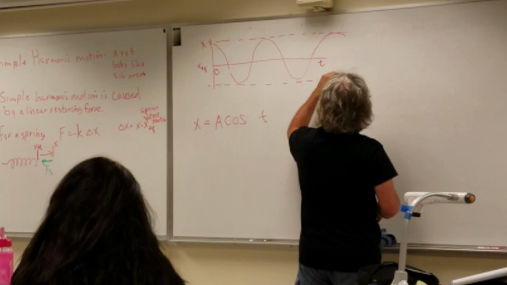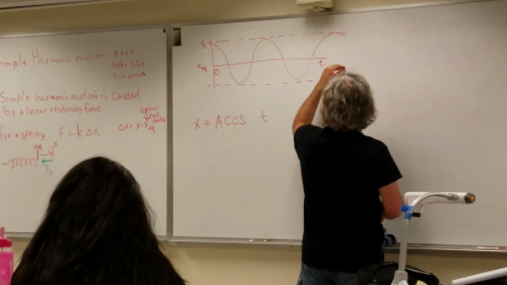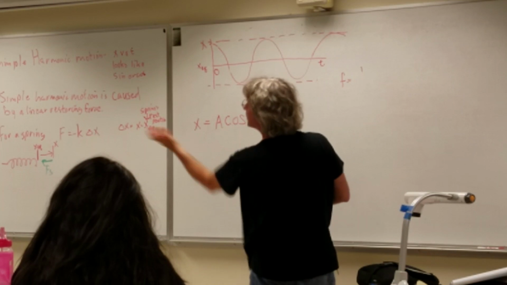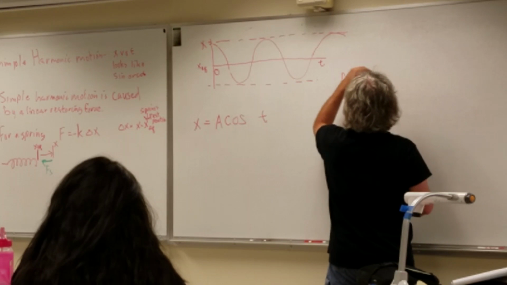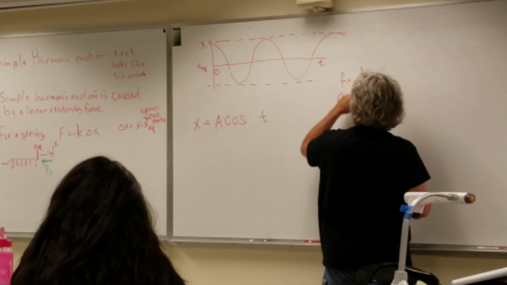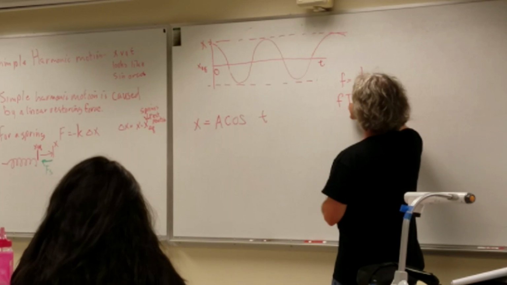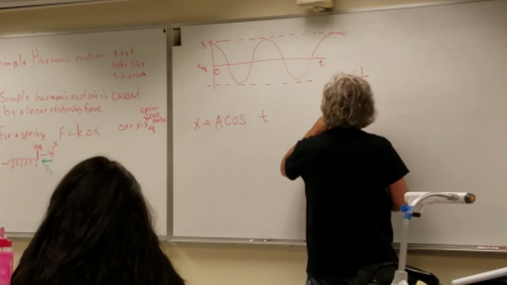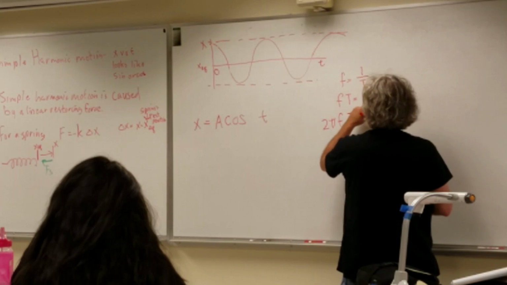Well, we can do this. We can say that frequency is equal to 1 over the period, right? So frequency times the period is equal to 1, right? And what I want is something that when a whole period is gone by is equal to 2 pi. So I could say, well, 2 pi f t is equal to 2 pi, right?